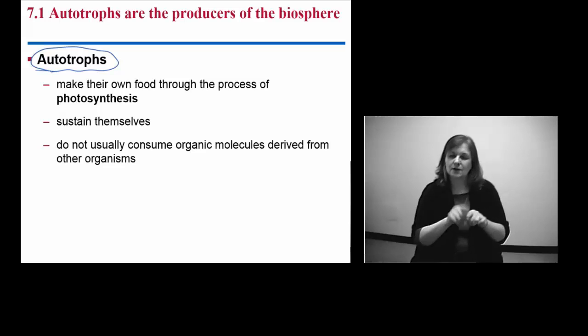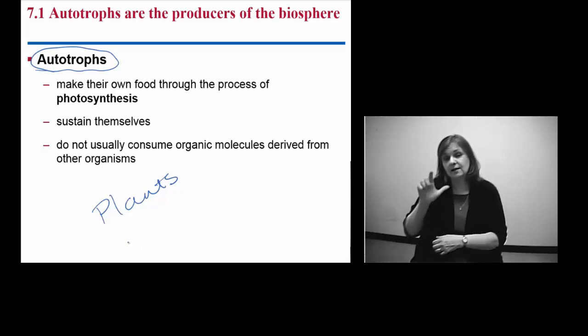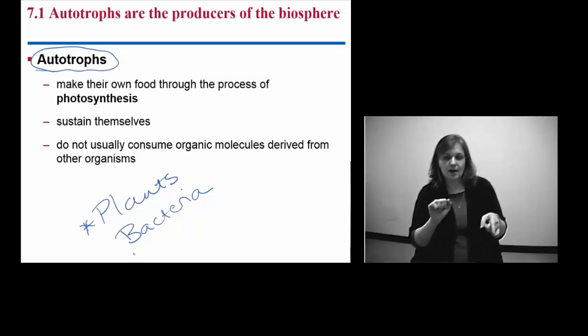We have to be kind of careful with this because, yes, plants go through photosynthesis, but what else does? We'll actually look later on when we talk about evolution at a number of bacteria that can also photosynthesize. So we'll talk about those, but primarily we look at plants.